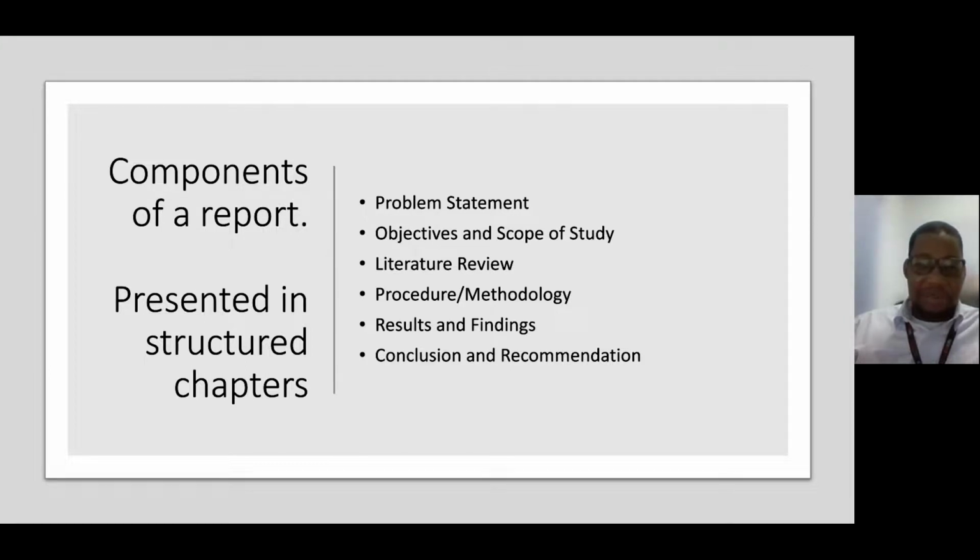The components of this report include the problem statement, objectives and scope of study, a literature review, procedure or methodology, results and findings, conclusions, and recommendations. So these components fall into different chapters: chapter 1, introduction, chapter 2, literature review, chapter 3, methodology, chapter 4, results and analysis, chapter 5, conclusions.